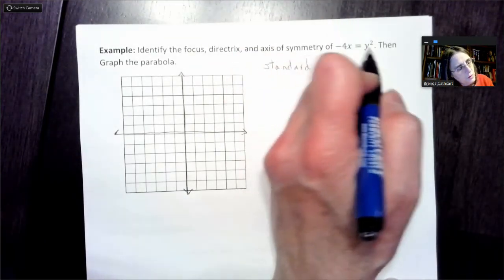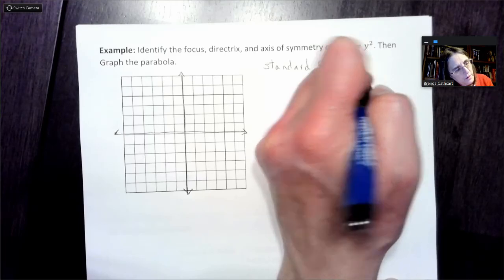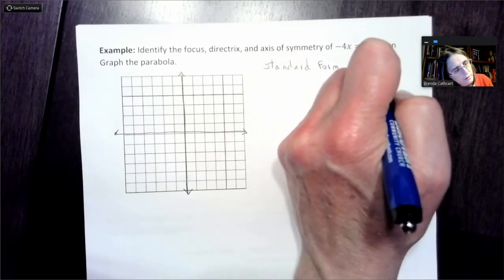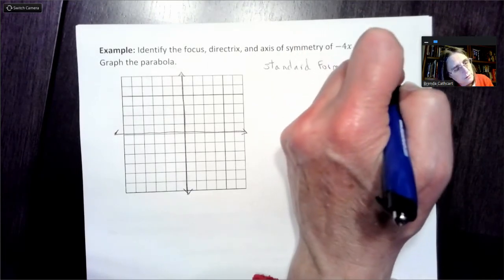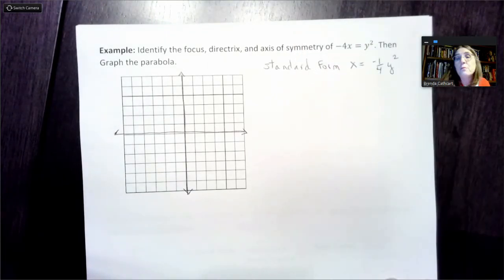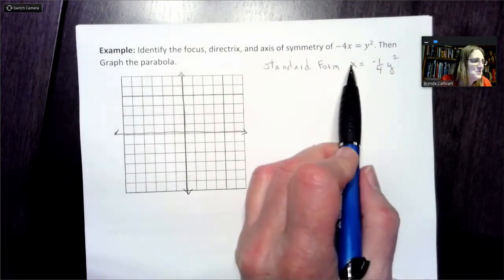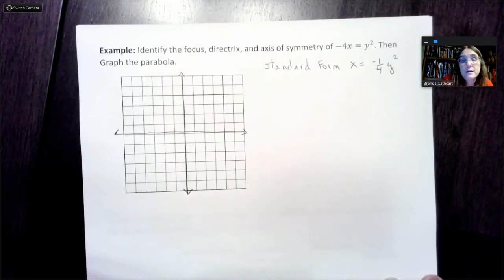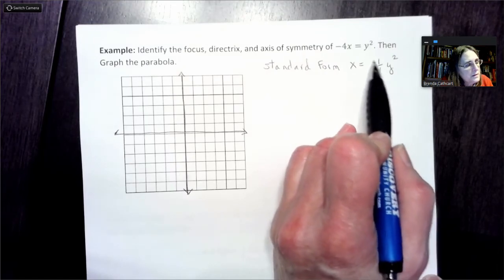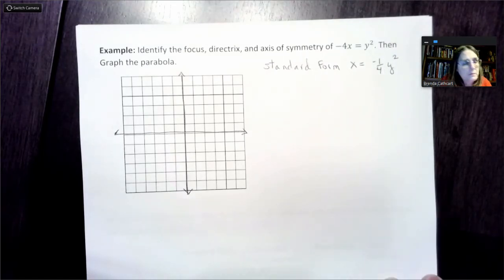So taking the equation, dividing by negative 4, we get x equals negative 1/4 y squared. This is going to be an x equals y squared. This is going to open horizontally. And since the p is negative, this is going to open to the left.